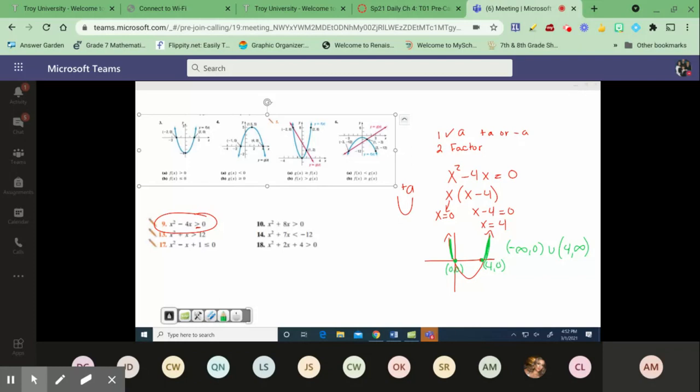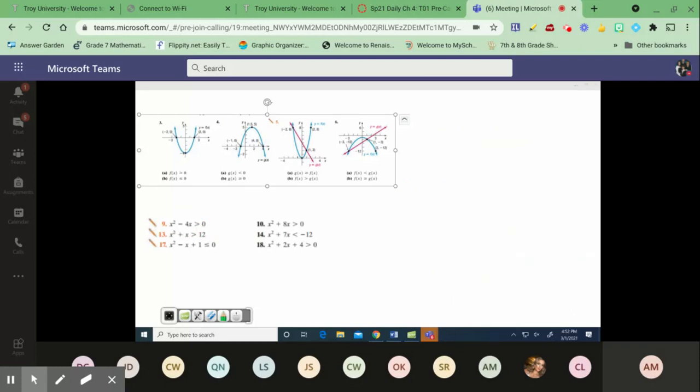Let's try our x squared plus x is greater than 12 problem. X squared plus x, excuse me, is greater than 12. Do I want to leave that 12 where it's at?